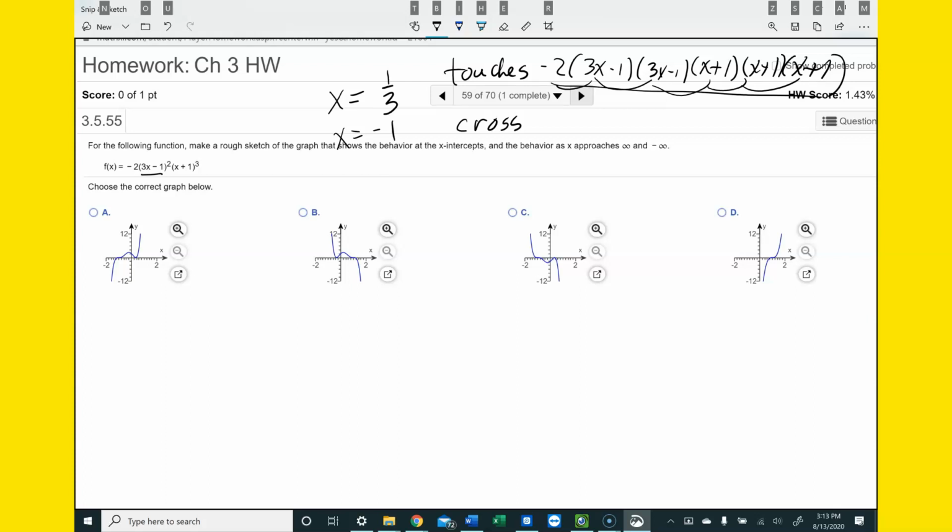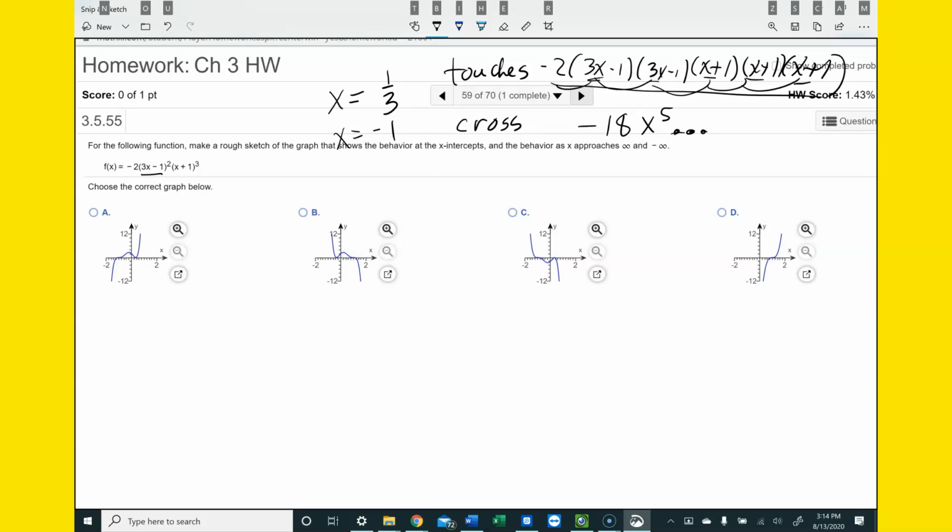Let's see what that's going to be. 9x squared, but then it's going to be multiplied by that negative 2, so it's going to be negative 18x to the fifth is what my leading term is going to end up being, because that negative 2 times that 3 is negative 6, times that 3 is negative 18, and I've got an x, an x, an x, an x, an x, that's x to the fifth.